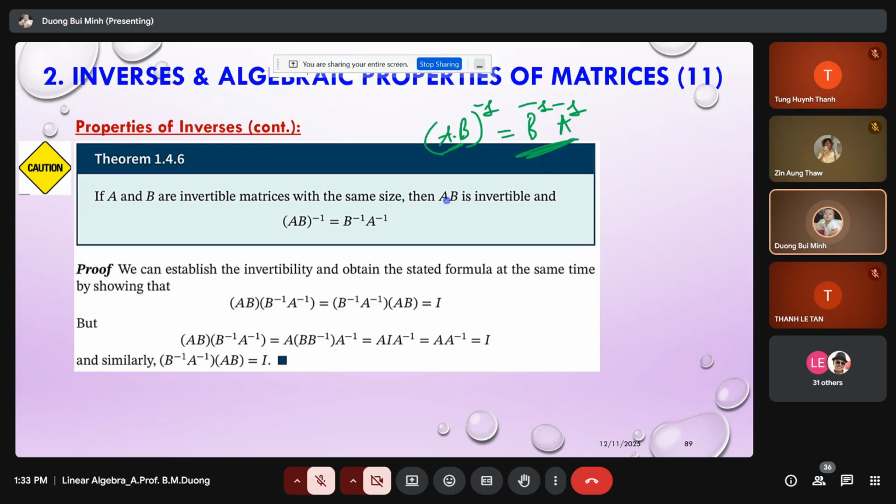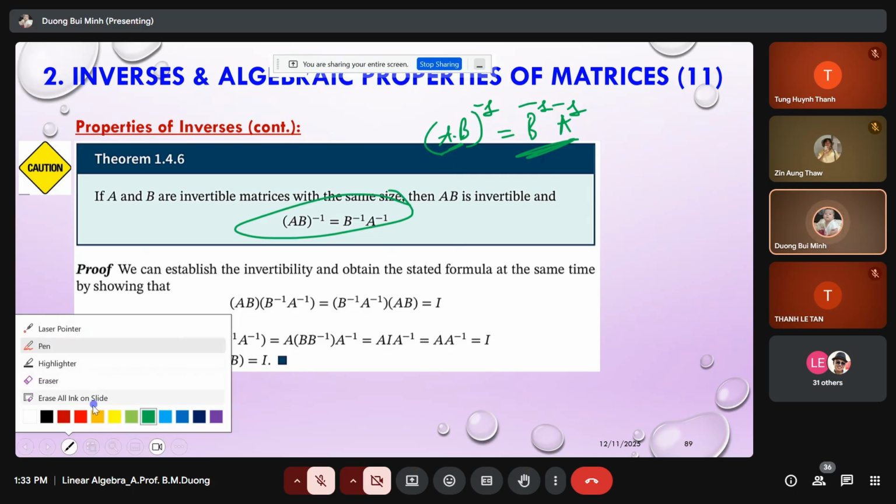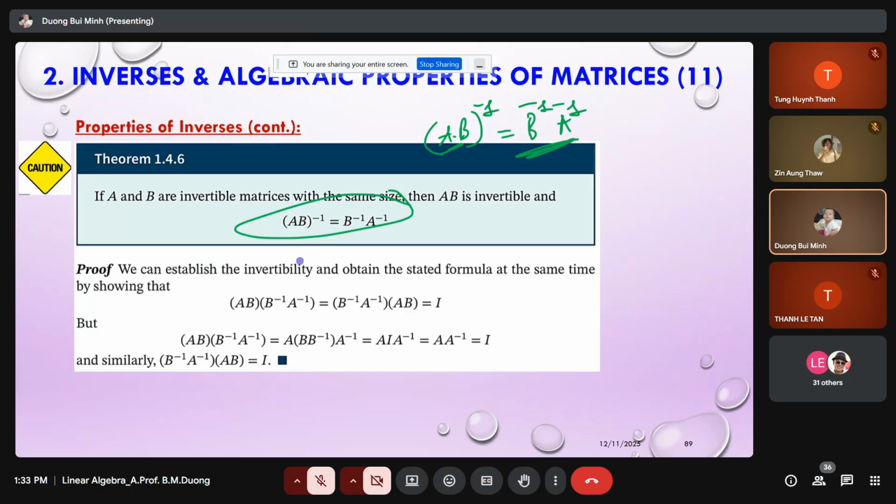We can demonstrate how we get this. Now look at this one. We can establish the invertibility and obtain the stated formula at the same time. Here, we just pick the inverse of B times the inverse of A, and multiply it with A times B. That means left multiplication.